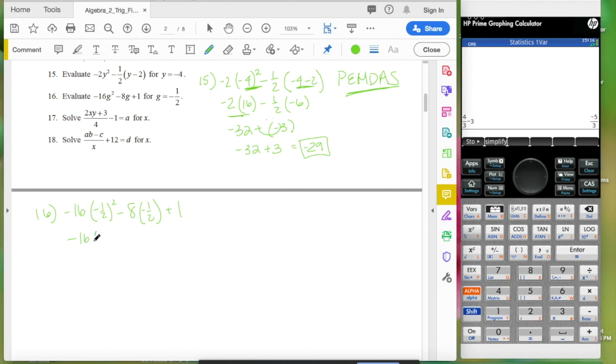So we have negative 16 times positive 1/4 minus 8 times negative 1/2 is going to be negative 4 plus 1. Negative 16 times 1/4 is the same thing as 16 divided by 4, which is 4. So we're going to have negative 4. And then these two negatives become positive, plus 4 plus 1. These two will cancel out, and our answer is just 1.